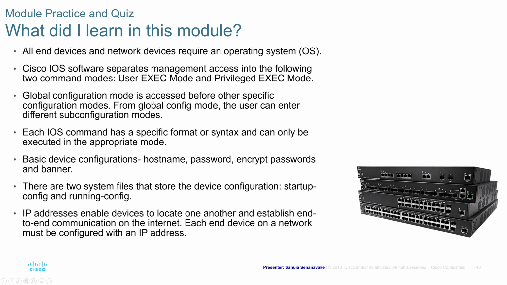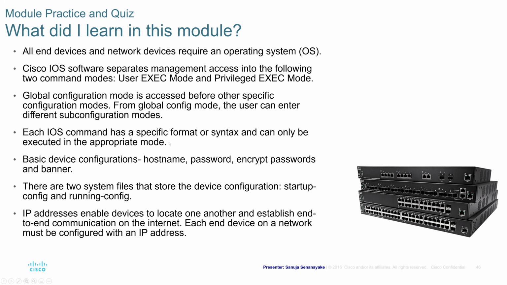Global configuration mode is accessed before other specific configuration modes. From global configuration mode, the user can enter different sub-configuration modes, such as line VTY, for example. Each IOS command has a specific format or syntax and can only be executed in the appropriate mode. So you can't just go and enter random things at random places.